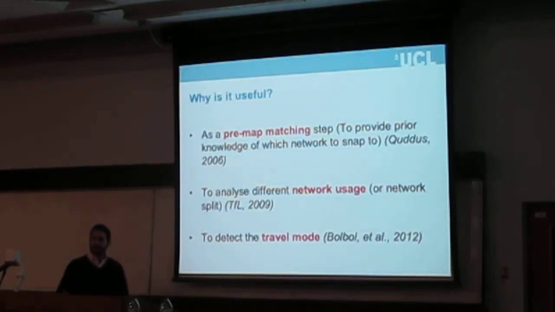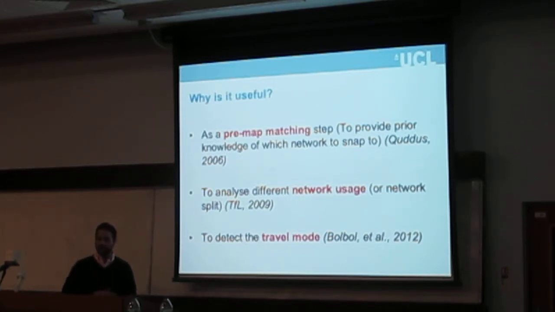So why is this useful? It's useful to select which network to match to, and to analyze network usage. If we have lots of GPS data without any other metadata, which network does each trip, or each part of the trip, or each stage of the trip belong to?